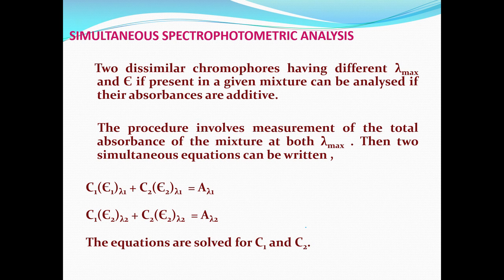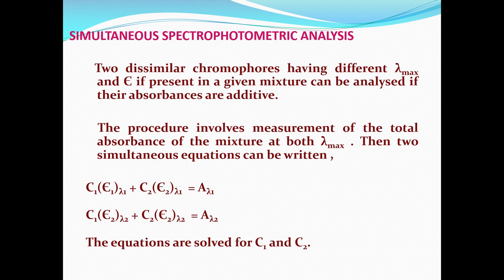We set up two equations: at lambda 1, C1 epsilon 1 plus C2 epsilon 2 would be the absorbance A at lambda 1; and at lambda 2, C1 epsilon 1 plus C2 epsilon 2 with the respective epsilon values would be A at lambda 2. The equations are solved for C1 and C2.